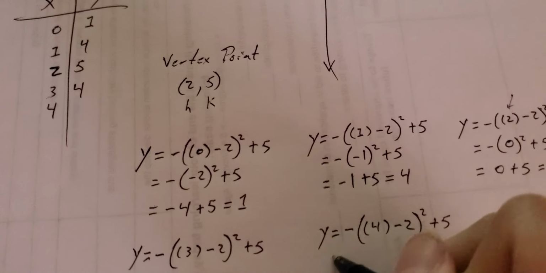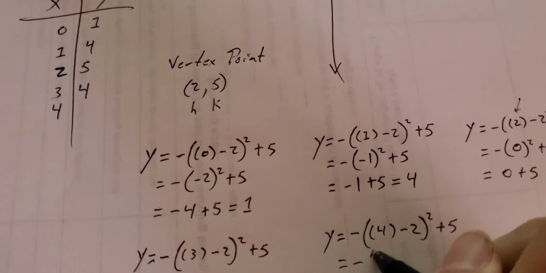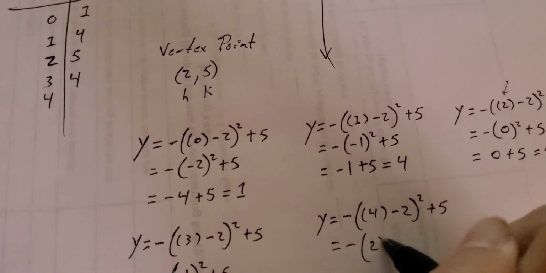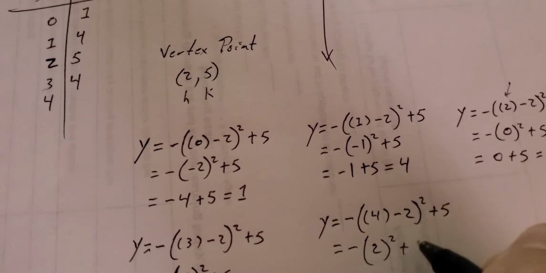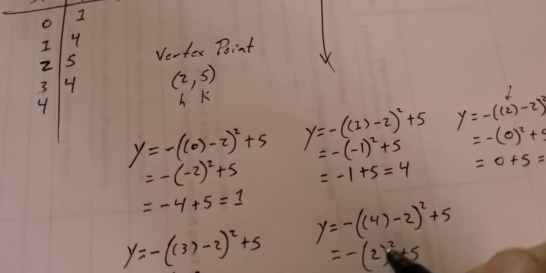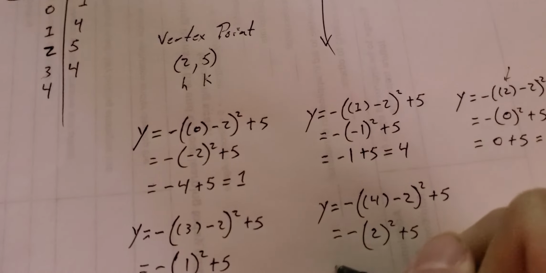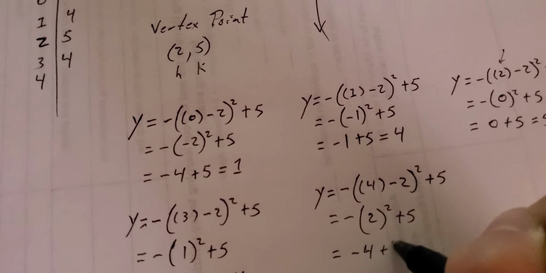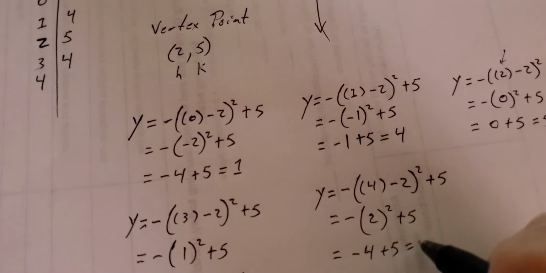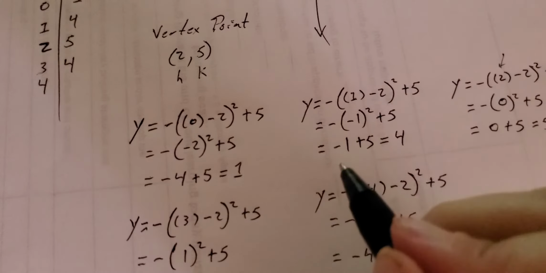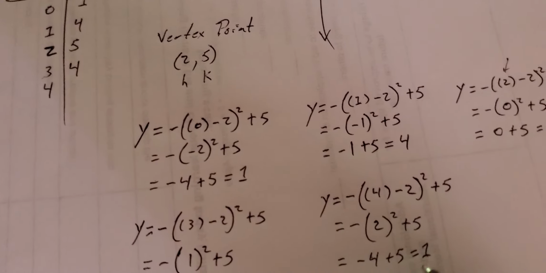My negative outside, I get 4 minus 2, that's positive 2, squared plus 5. Now 2 squared is 4. The negative is outside, so I get negative 4 plus 5, that's positive 1. So at 4, my value is positive 1.